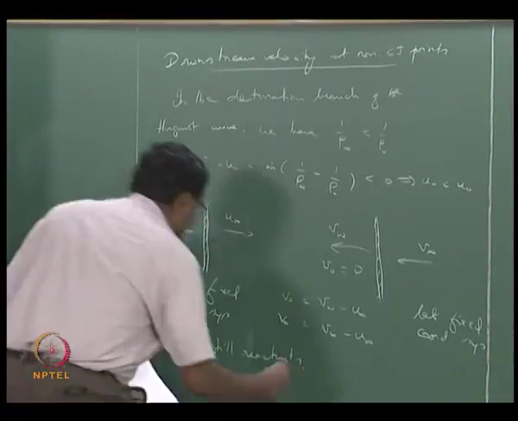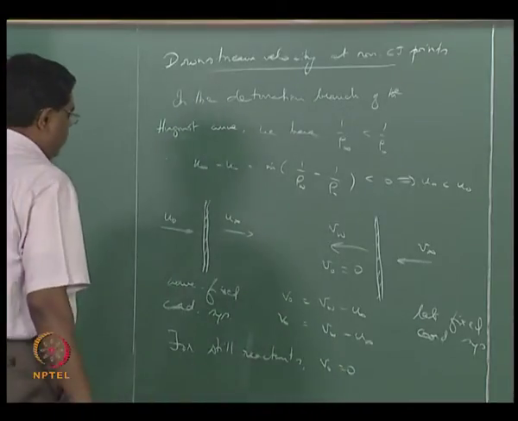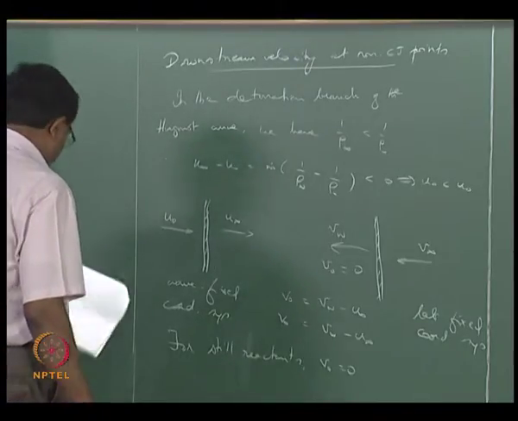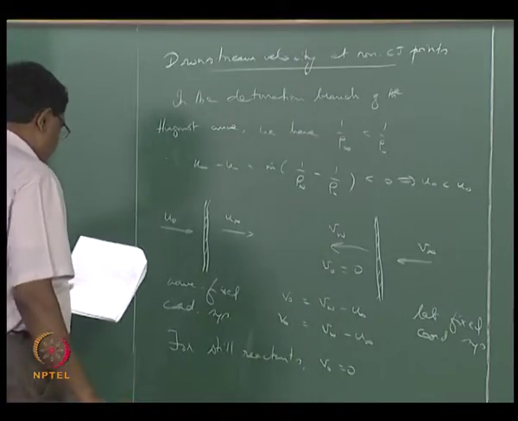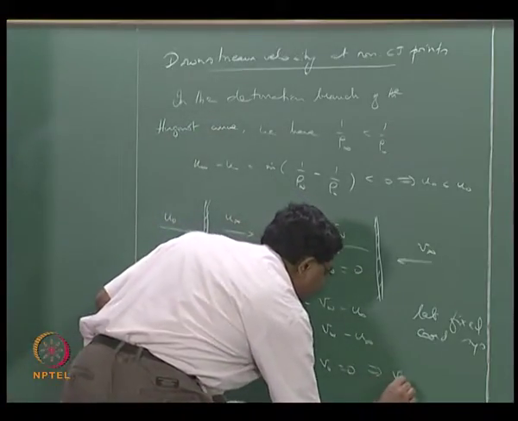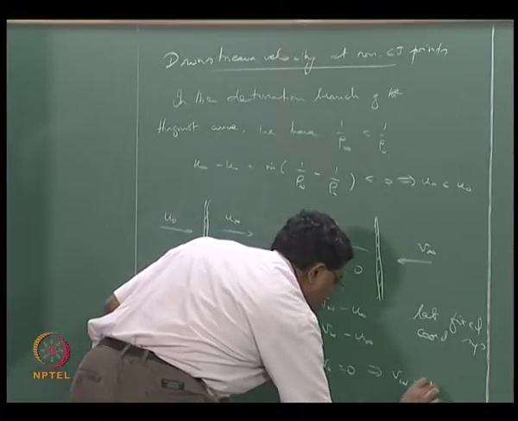v naught equal to 0. So just in case you have been wondering how come we have a v naught, yes, we will now set it to 0 to indicate that we have still reactance, which means that our v wave is equal to u naught.